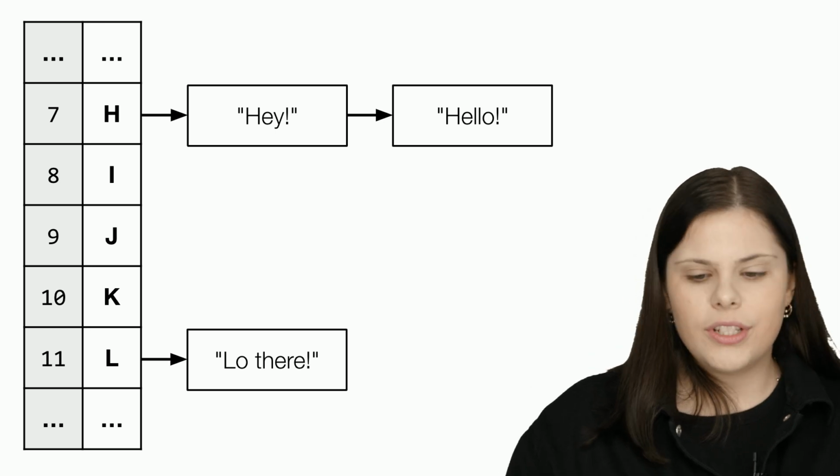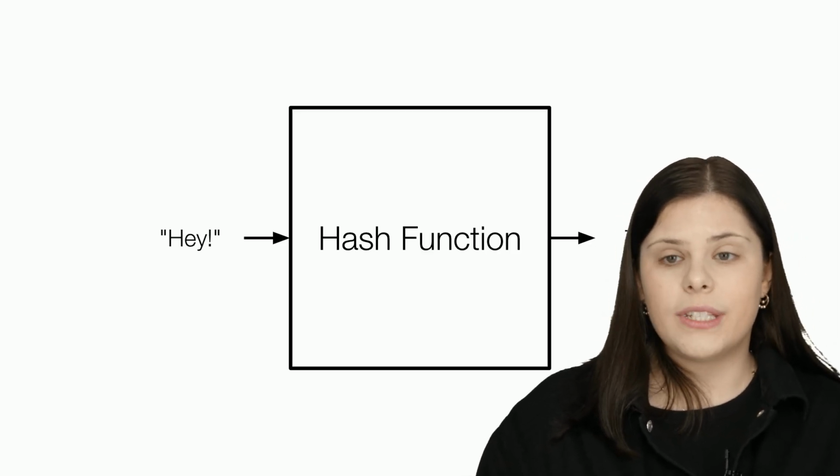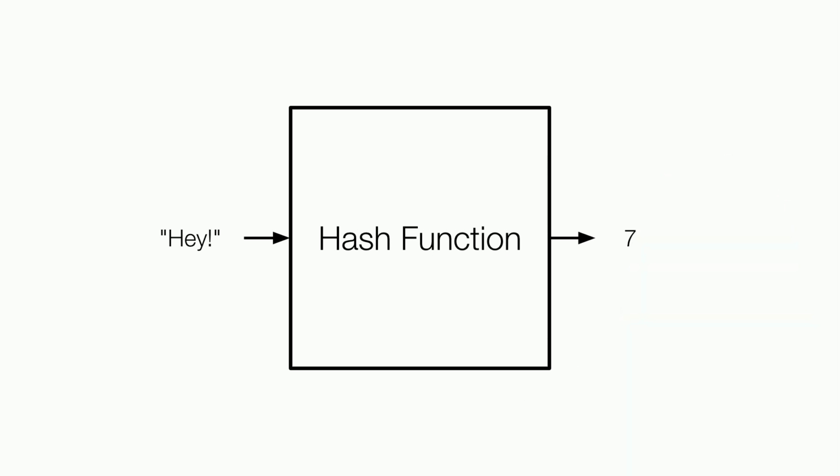But how does the computer actually assign these indices? Well, we can use hash functions for that. A hash function is some kind of algorithm, and there are many that exist out there on the internet. We're going to talk about one of them and how to implement it.